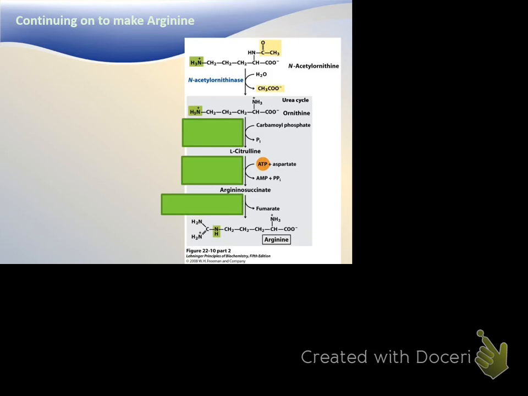This is the N-acetyl ornithinase. Then from here on out, it's just the urea cycle. So it's the way for the bacterium to utilize those enzymes of the urea cycle.